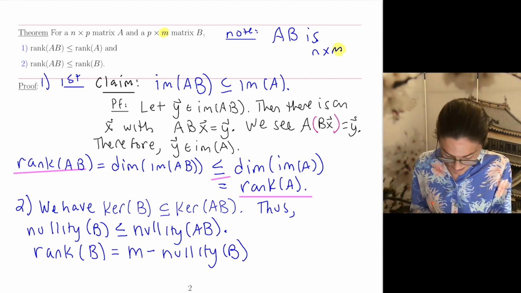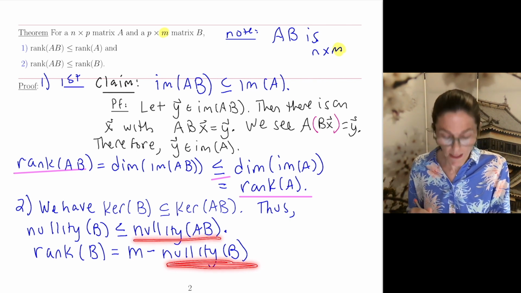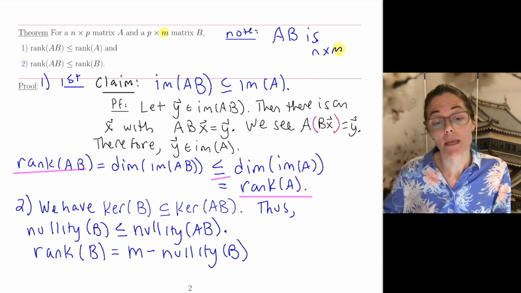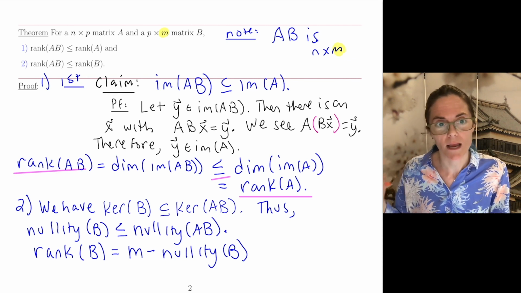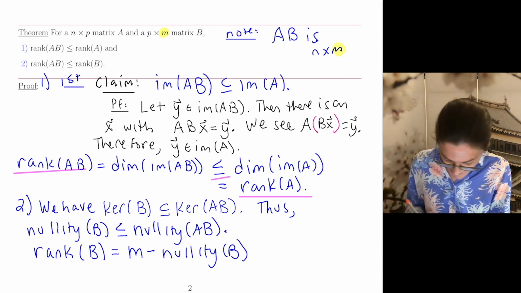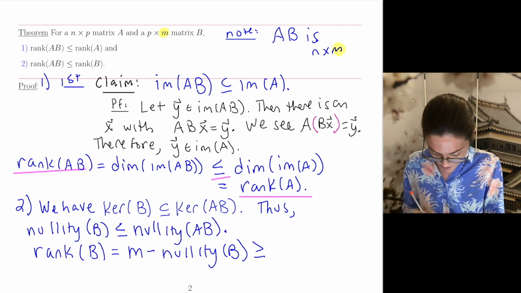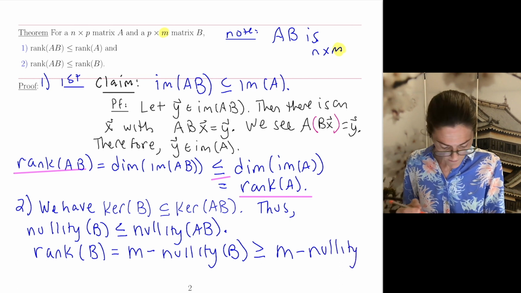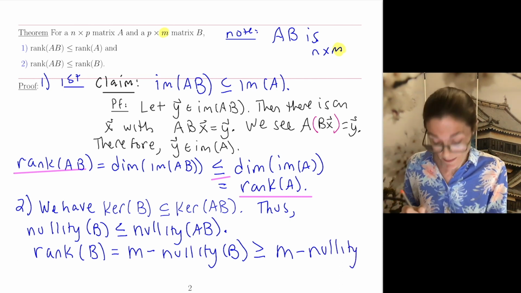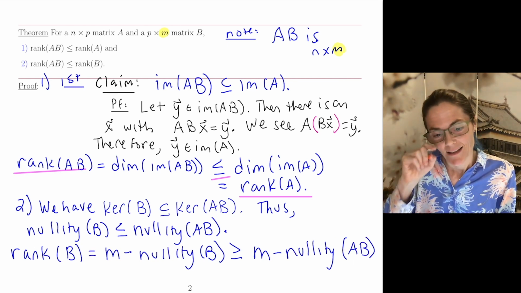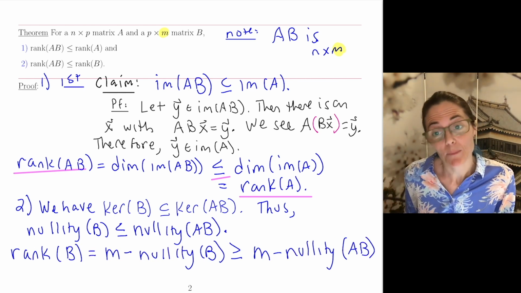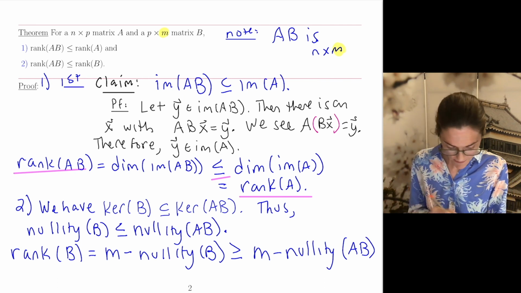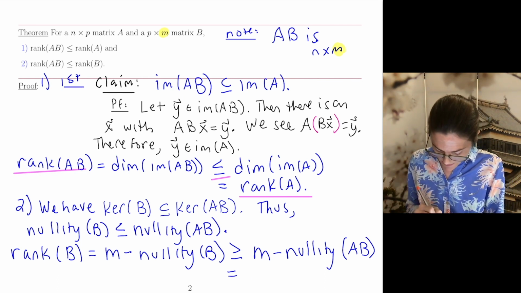I am going to replace this with the nullity of AB. So if you subtract off something bigger, it goes this way. This is greater than or equal to M minus the nullity of the product, A times B. And then, because AB has M columns, this is precisely the rank of AB.